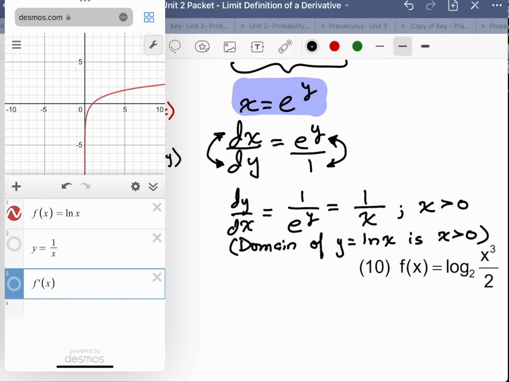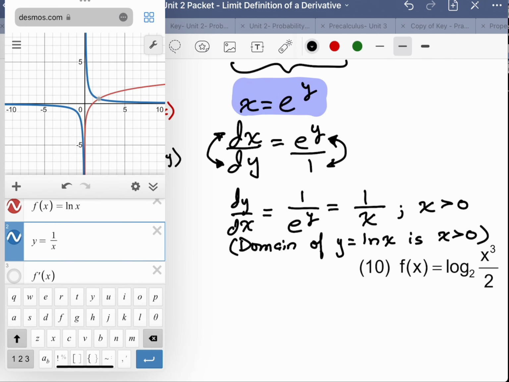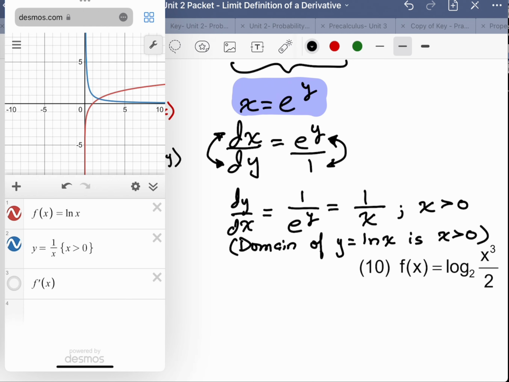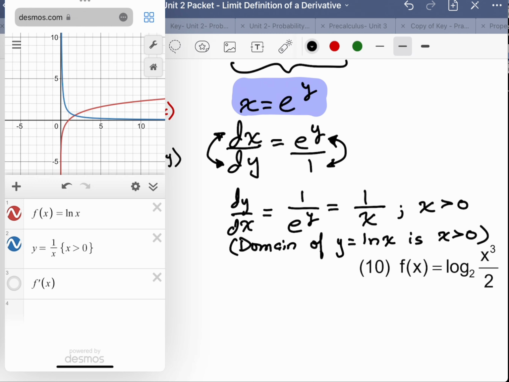All right, so that's telling me that I have more in the blue graph than I really need. But if I throw in a little domain restriction here, x greater than 0, now I have only the part that I care about. All right. Or at least really the only part that's relevant to the derivative.